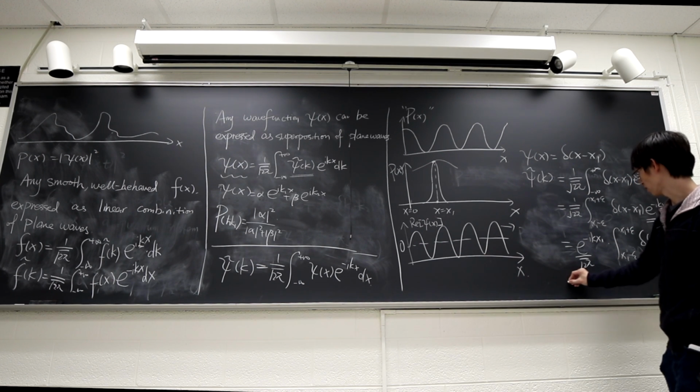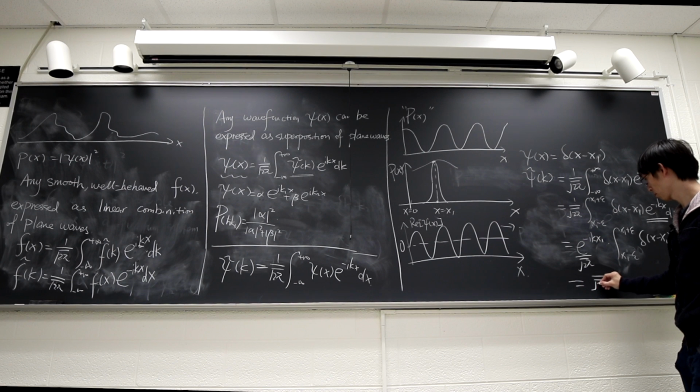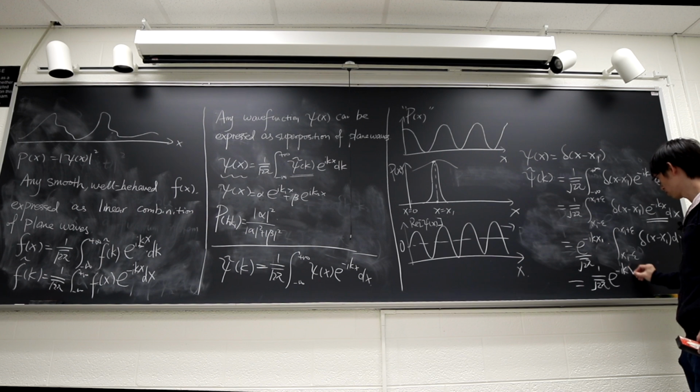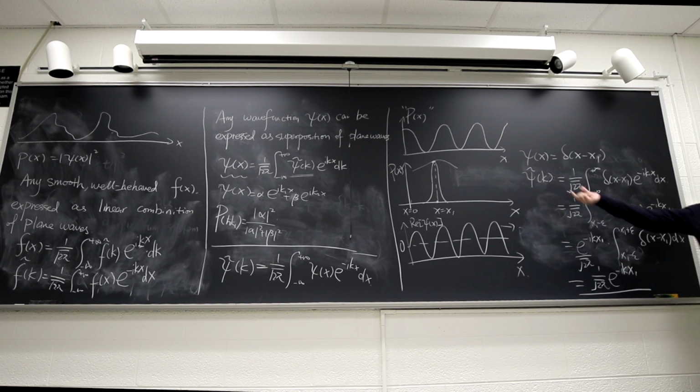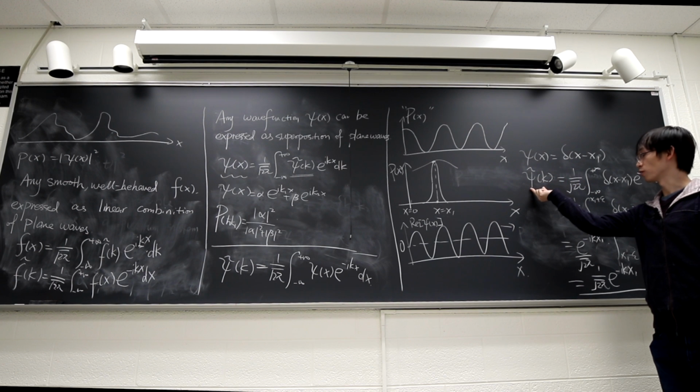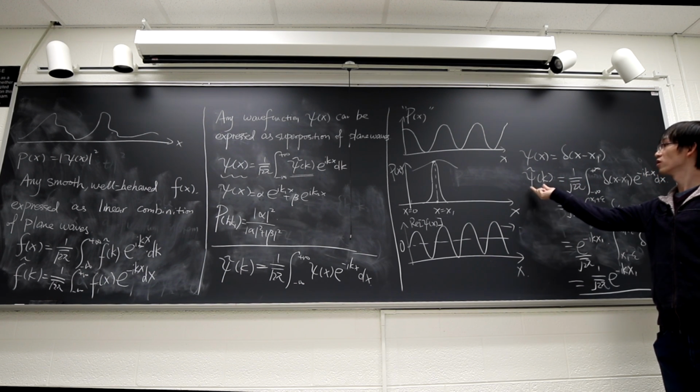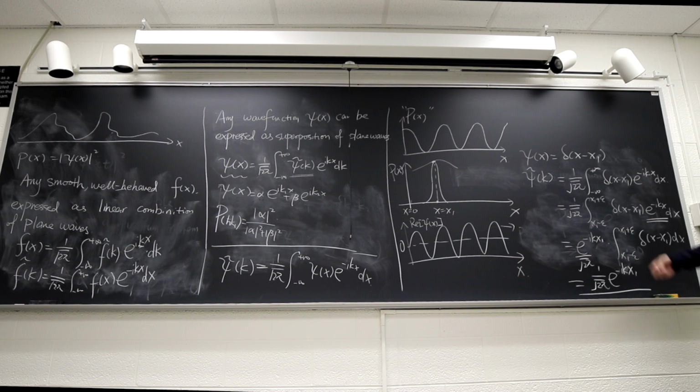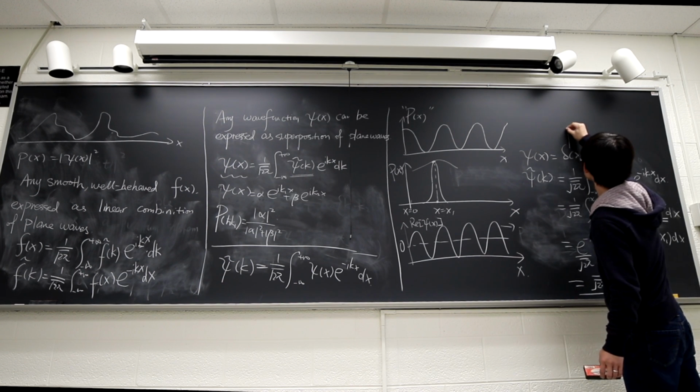So we know that this is the momentum amplitude of this delta function. And then we can probably write it down as this.